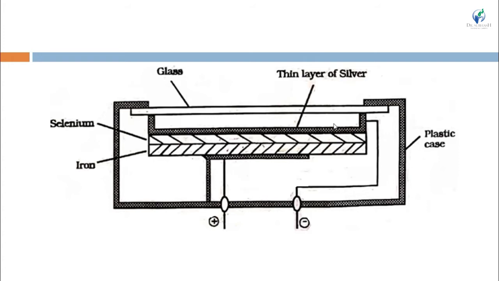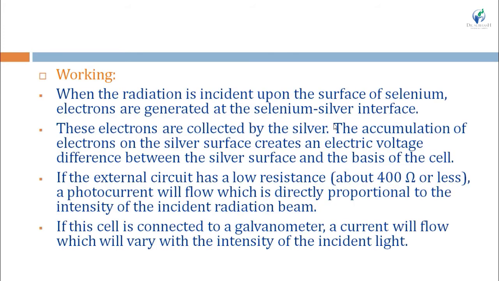This selenium emits electrons, and electrons are generated at the selenium silver interface. These generated electrons are collected by the silver, and the accumulation of electrons on the silver surface creates an electric voltage difference between the silver surface and the metal plate, which is either of iron or aluminum.